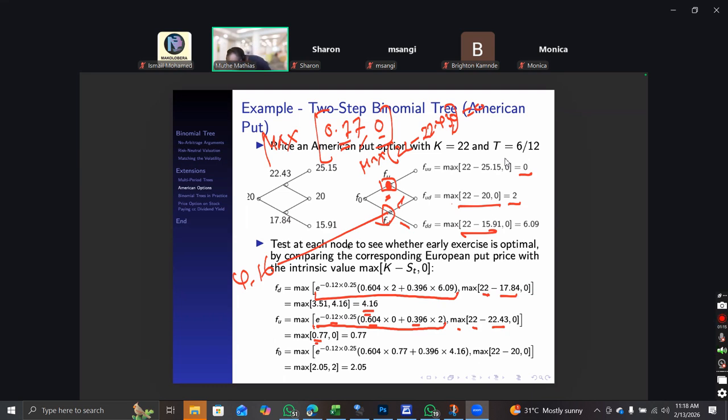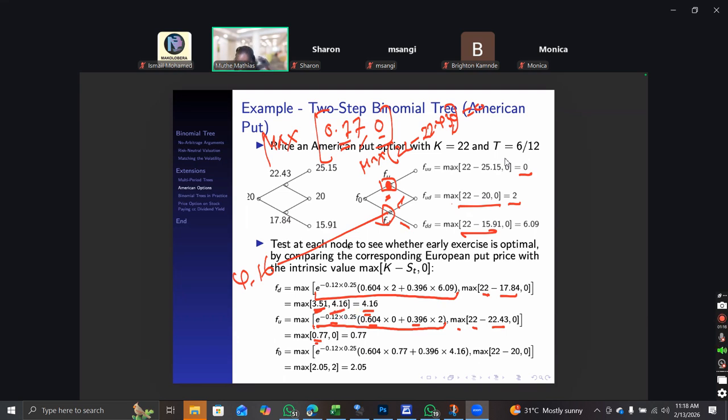Ukitoa hapo unapata 4.16. Sorry kama na confuse, ni this one here. Na mwanzo ilikuwa ni 3.51. Nikiwait until maturity I just get, exercise immediately I just get this one here, 4.16.